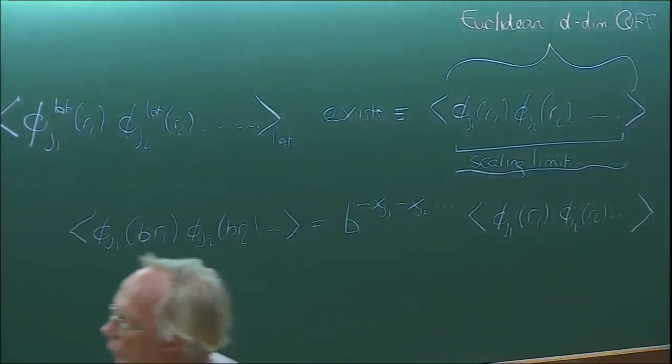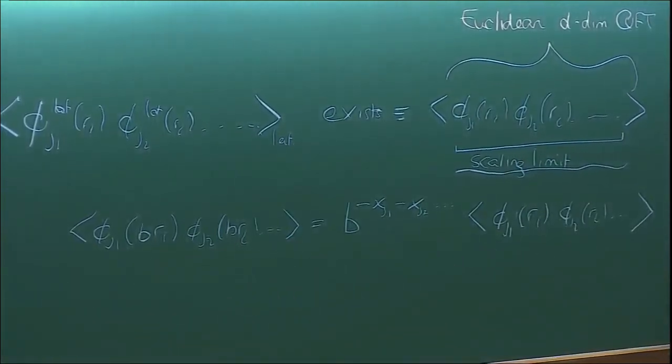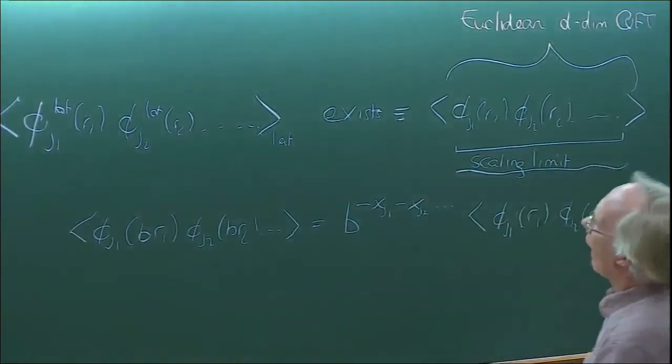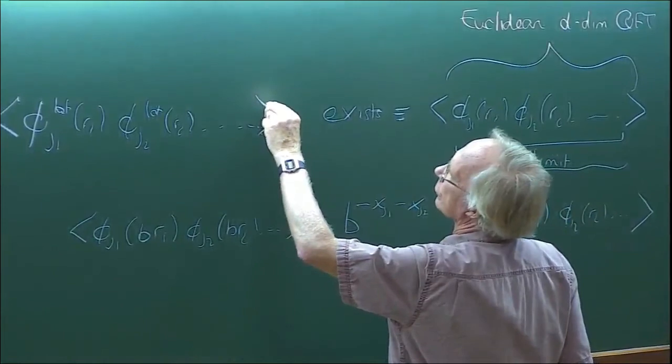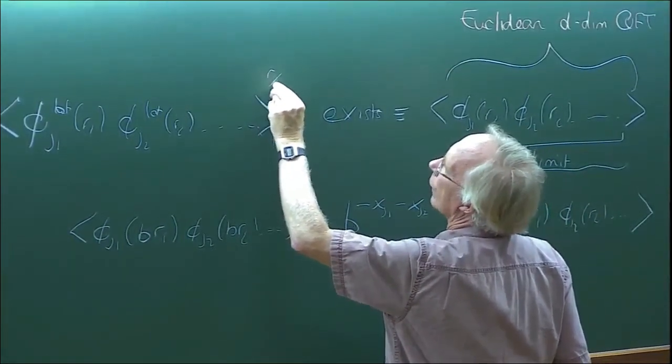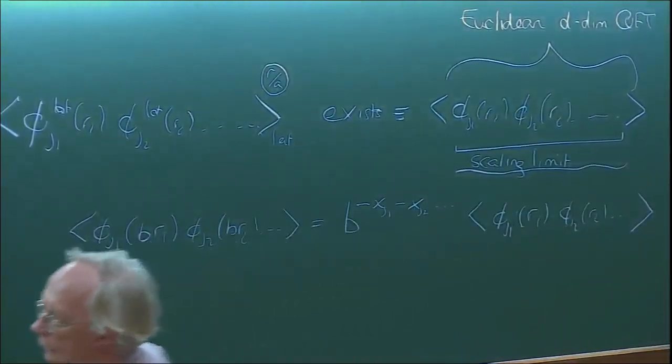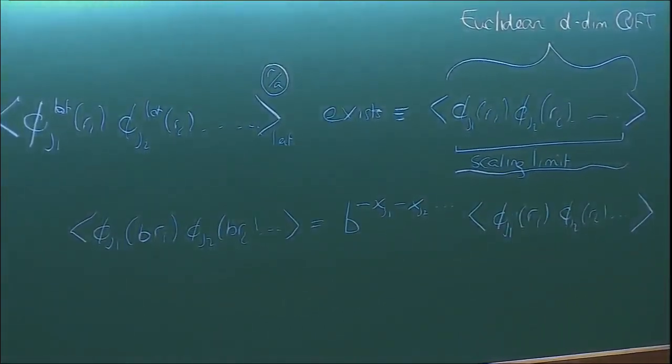I leave it to you as an exercise, and maybe it's something that we can discuss in the tutorial, to show that the fact that this limit exists, and the fact that on the lattice things only depend on R over A, follow together. The lattice doesn't know what units we are using to measure distances. It doesn't know whether we're using centimeters or inches or whatever.